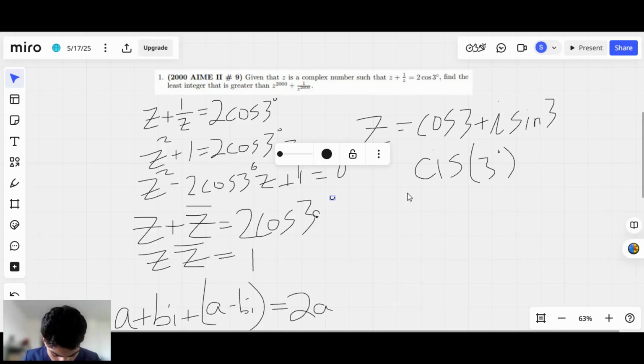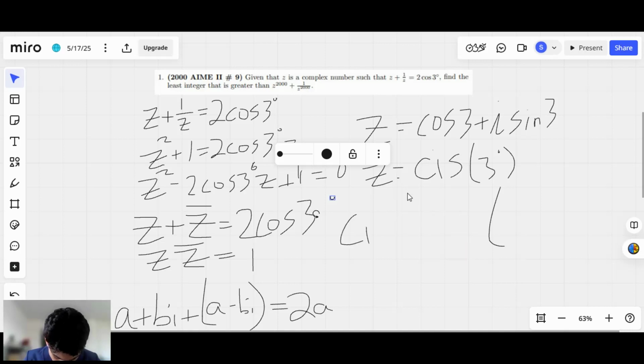All right, so now we can use De Moivre's theorem, which states that if we are taking some complex number to the nth power, let me try to explain it clearly.